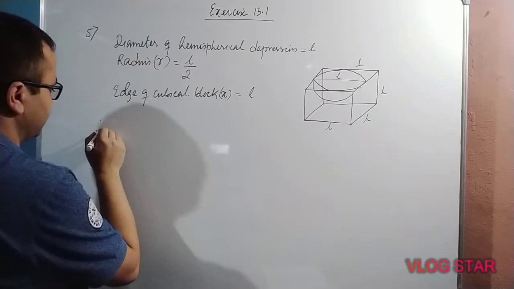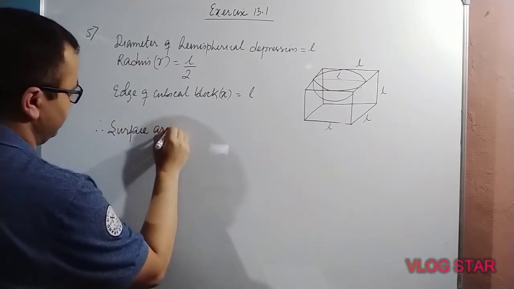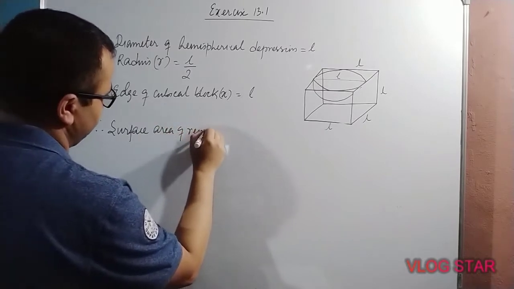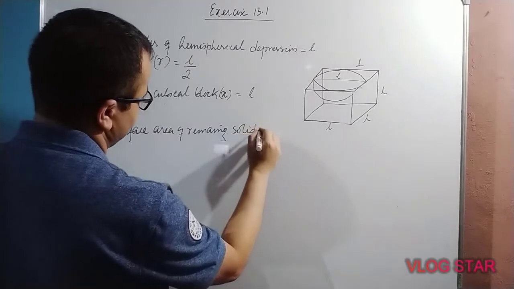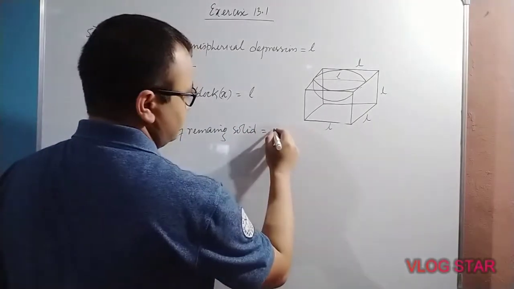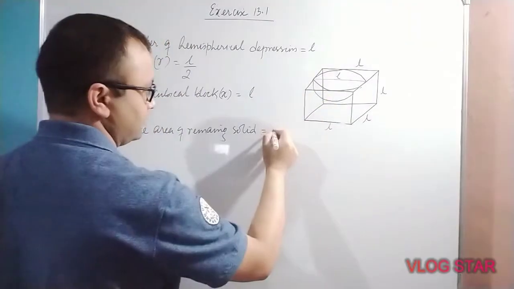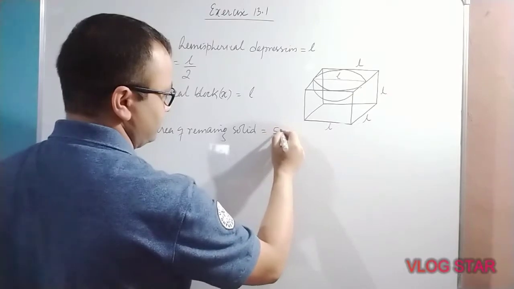Therefore the surface area of the remaining solid will be, out of 6 faces, 5x square.